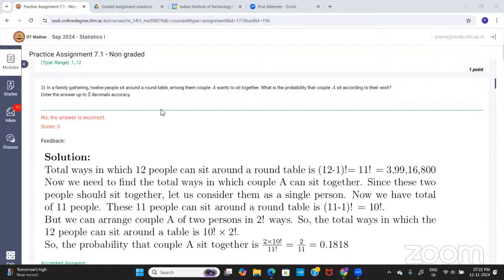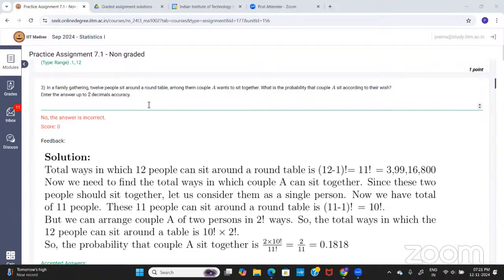So in that case, if you're having 6 couples and they have to sit together, then for each couple, we will consider them as one. So total will be 6 objects, you can say. So that will be 6 minus 1 factorial ways in which you can arrange them.